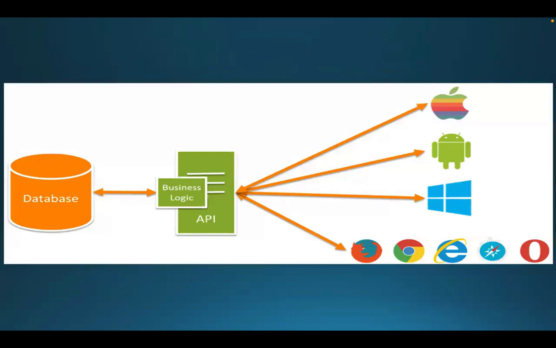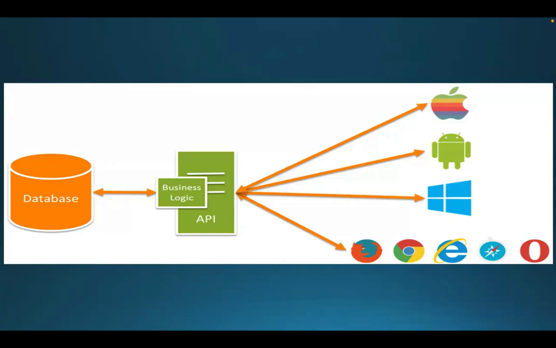This is how the API concept actually works. What is the point? You have data and everybody should be able to use it, which is not easily possible. How can data reach every operating system, every browser, every device? The data must be converted into such a format, and that is done by your API.